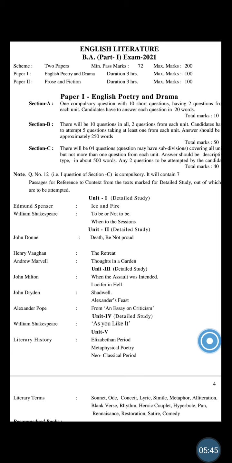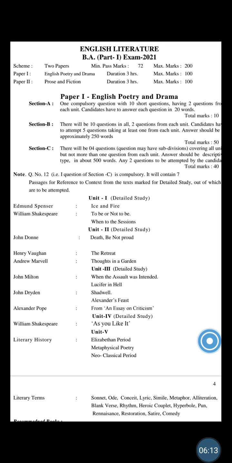Okay, now along with the literary history, these ages of literary history, you have one more aspect attached to it, and that is the literary terms. Now, what are literary terms? Literary terms are devices which are used by the writers of English literature to beautify the language, to make their works more impressive and appealing to the readers.